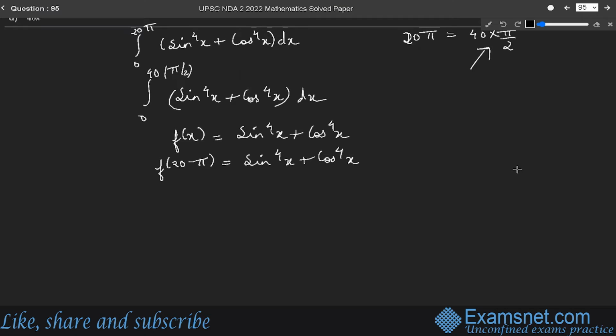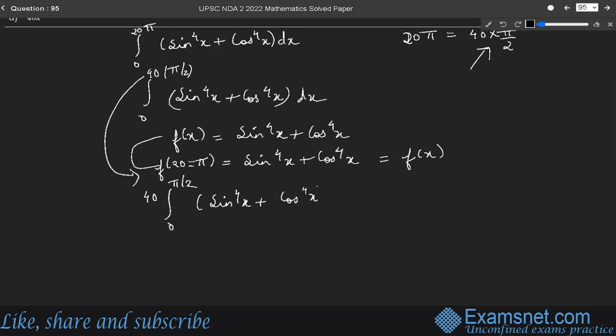So we can say that this is equal to f of x, and when both the functions are equal, then the number comes out. So in the next step, it will be 40 times the integral from 0 to pi by 2 of sin 4x plus cos 4x dx. So this will be equal to 40 into k.